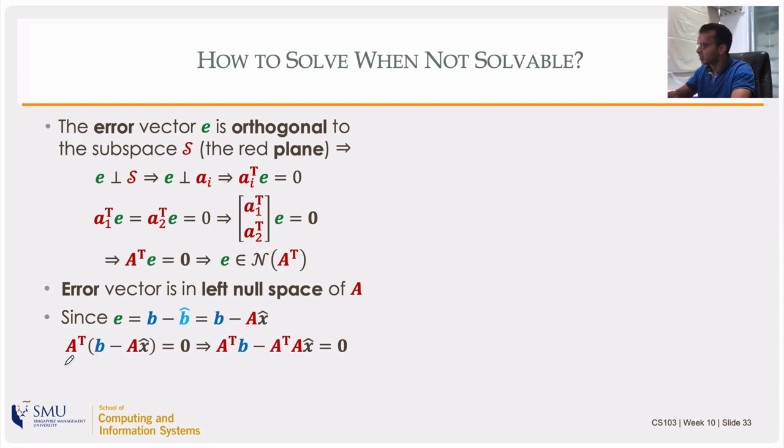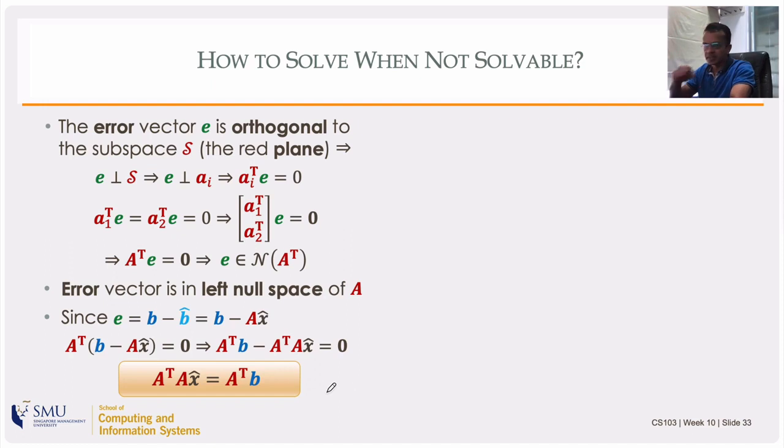All these things might look a little complex to you, but it is just substituting for E in this equation from the definition of E. E is the difference vector between the projection and original vector that you're projecting. And what it gives you is something quite interesting. It's A transpose B minus A transpose A X hat is equal to 0.